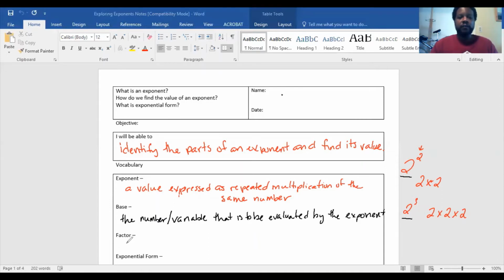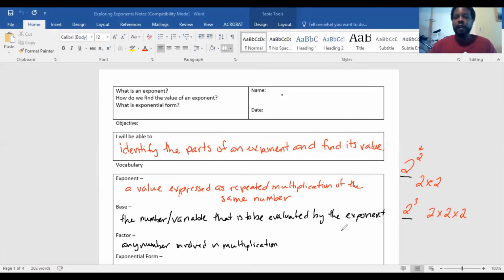Okay, so a factor is any number involved in multiplication, or one of the two numbers that make up the value of a number that is being multiplied, right?